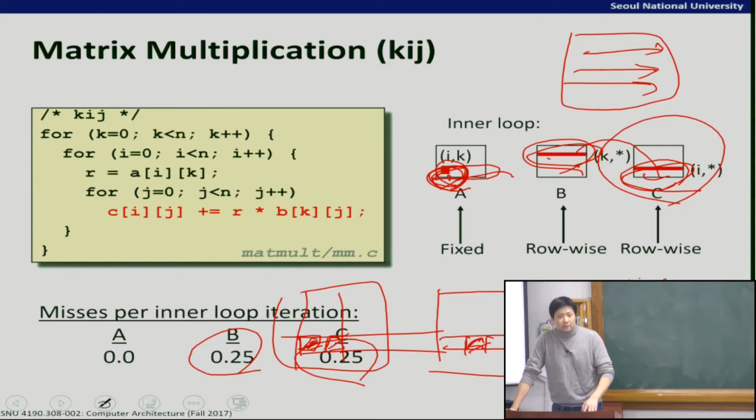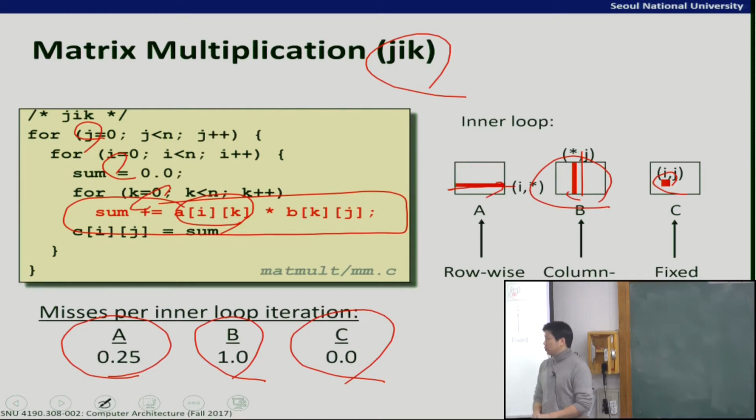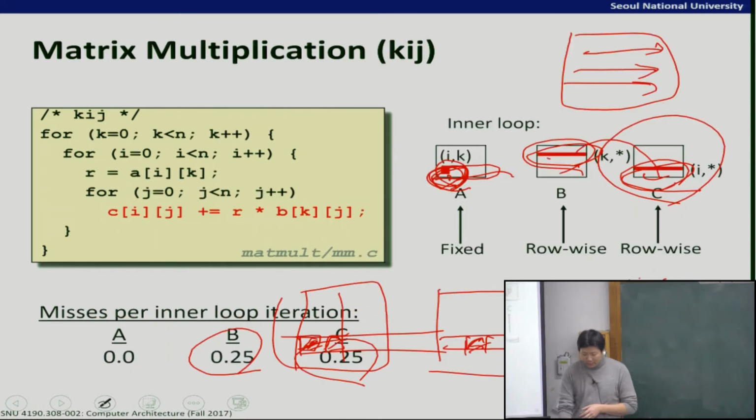So this one is definitely a win, because compared to the previous code, where the cache miss rate per inner loop iteration was 1.25, in this case we only have 0.5 cache misses per loop iteration in total. So this one is much better.